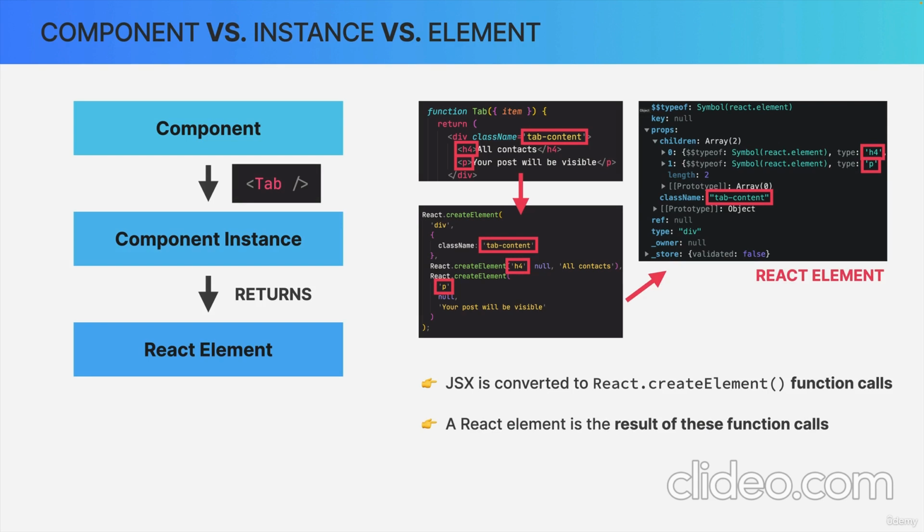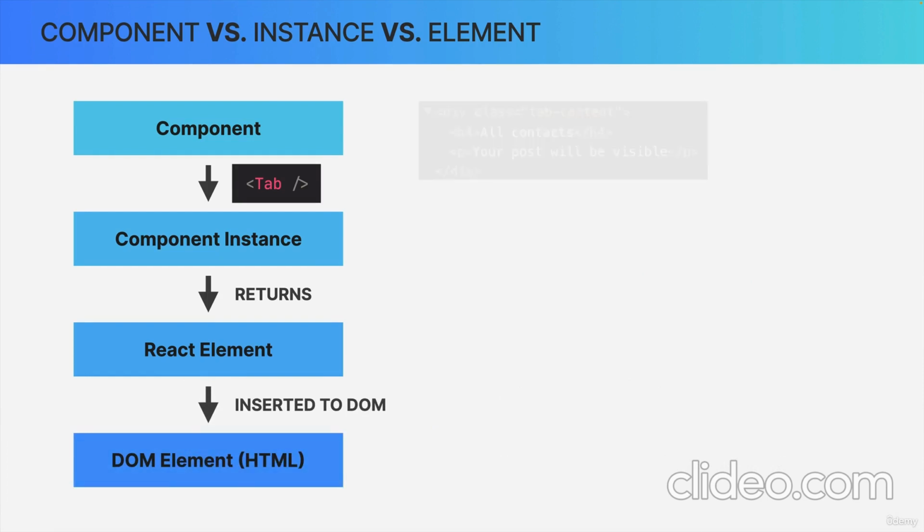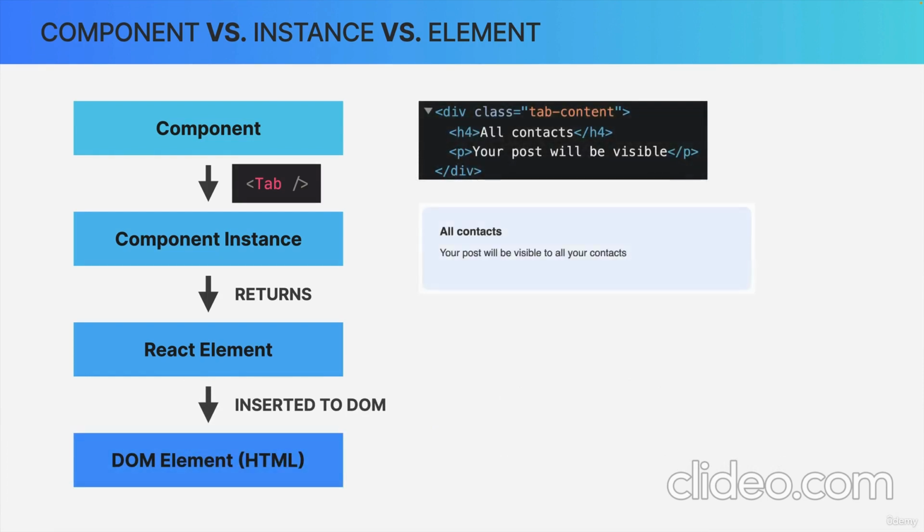It's simply a big, immutable JavaScript object that React keeps in memory. And we will take a look at this later in our code. But what is this object actually? Well, a React element basically contains all the information that is necessary in order to create DOM elements for the current component instance. And so, it's this React element that will eventually be converted to actual DOM elements and then painted onto the screen by the browser.